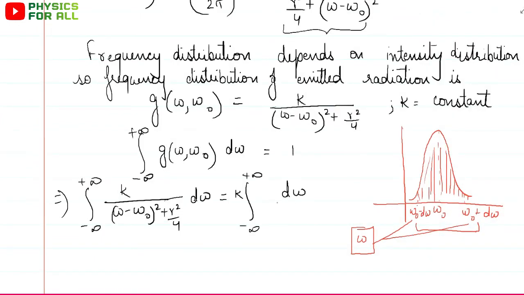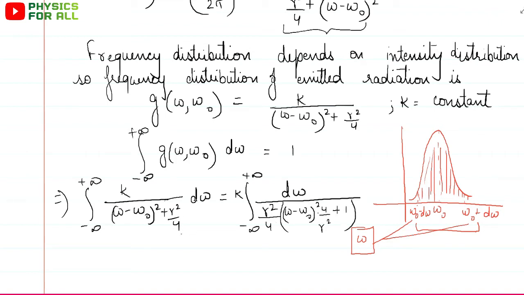Here we can write d omega. Let's take LCM first, or we just simply take this common. This quantity becomes omega minus omega naught whole square into 4 by gamma square plus 1.